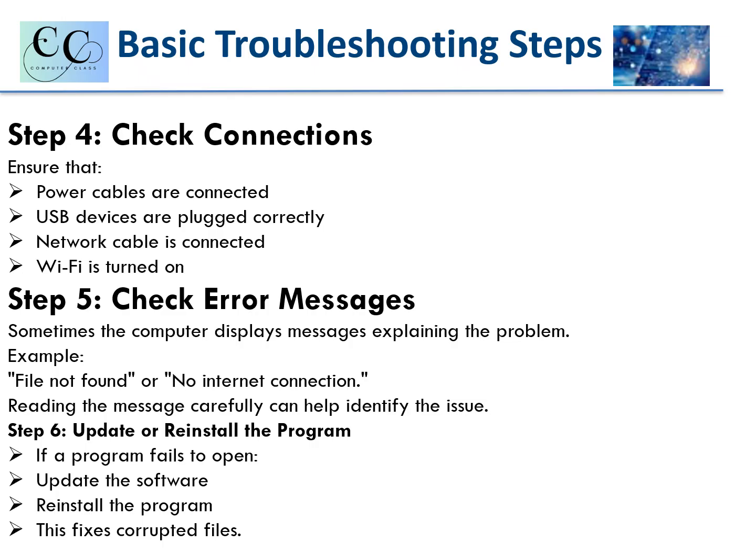Sometimes the computer displays messages explaining the problem. For example, file not found or no internet connection. Reading the message carefully can help you identify the issue very fast. Step 6 is to update or reinstall the program. If a program fails to open, update the software. Reinstall the program.